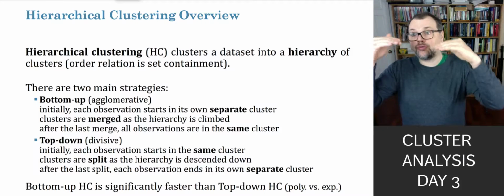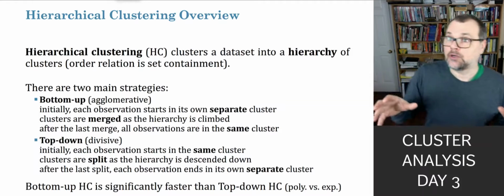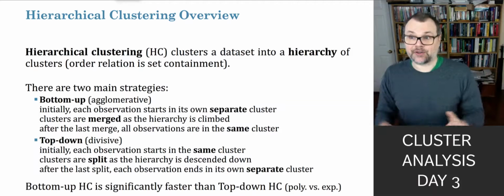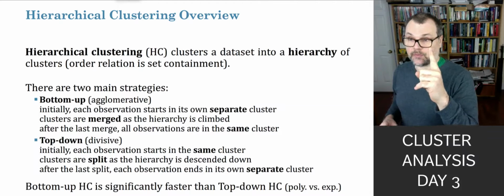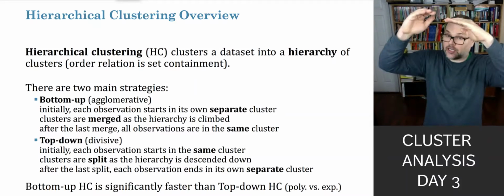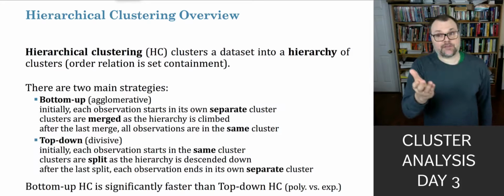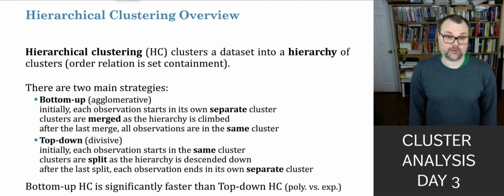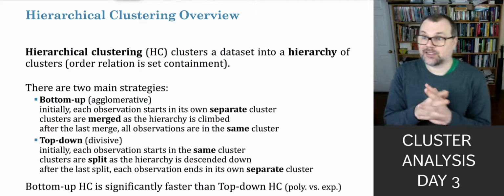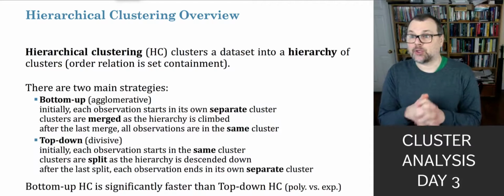And then you'll go through this process until every single cluster has been merged. All the observations are now in one cluster. And the topology of this hierarchy, of this tree, is what gives us the hierarchical clustering structure for the dataset. The big challenge there is how do we decide how to measure the distance between clusters.